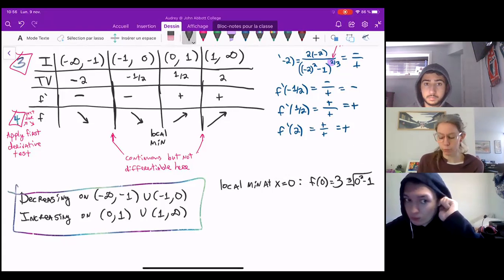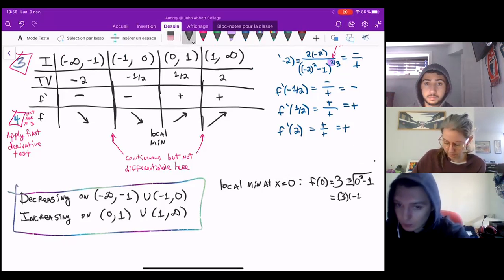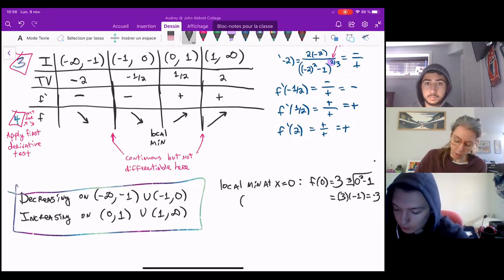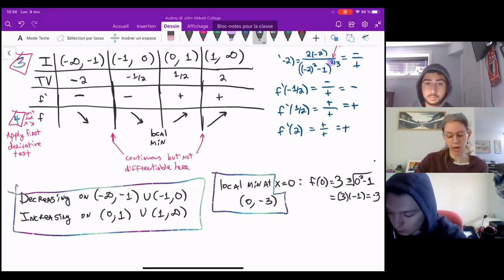And the cubed root of -1 exists. It's just -1. So this is -3, and my local min is at (0, -3). And that's my final answer there. There are no local max.